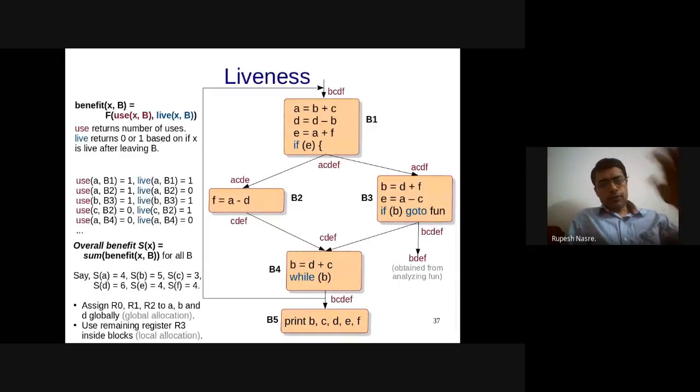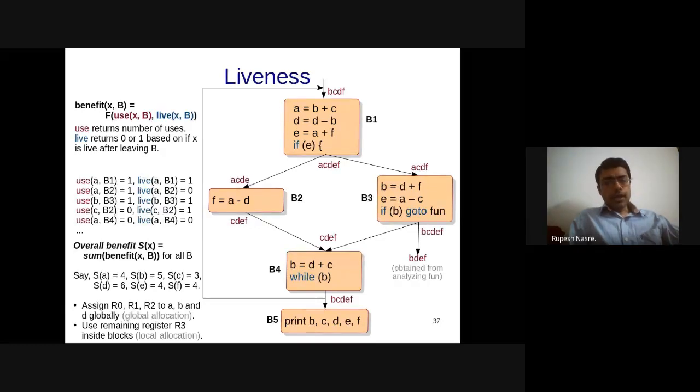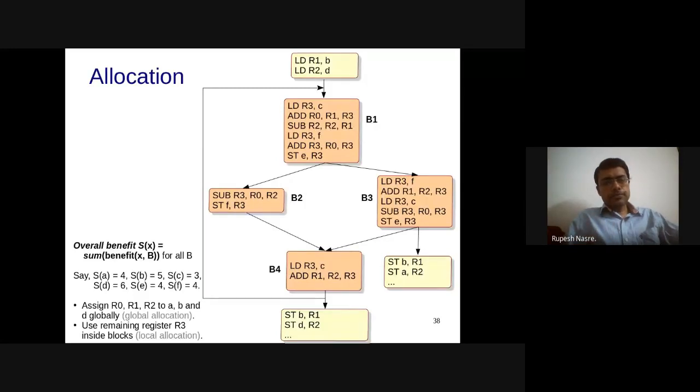So let's say that for our example, we decide that R0, R1, R2 are the ones which should hold A, B and D globally, and R3 gets used for the local allocation within the basic block. If that is the case, then how the code will look like, that is shown in this slide.